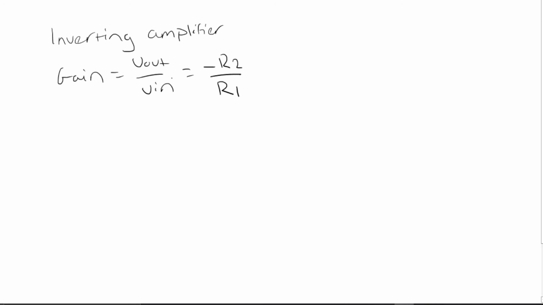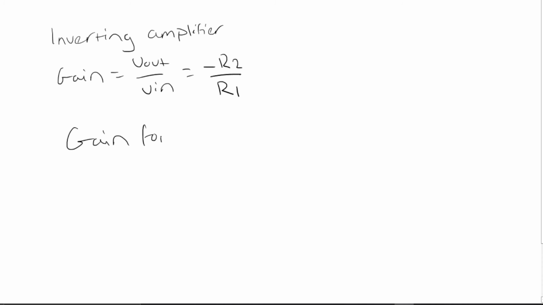This is our gain. And like our formula before, if we multiply by our input voltage Vin, we could see the final voltage output. But this is more so our gain, how much we multiply our original input.